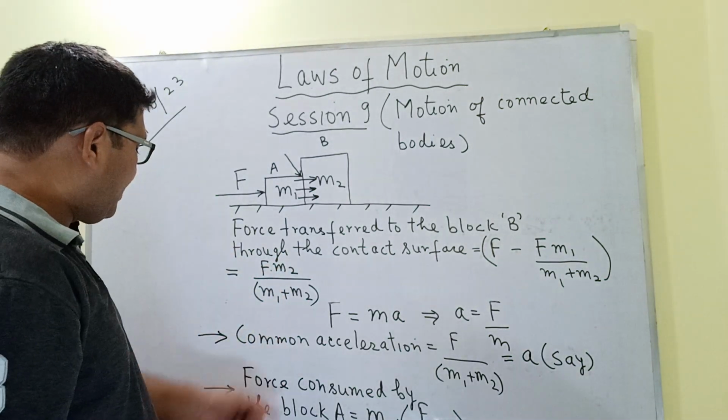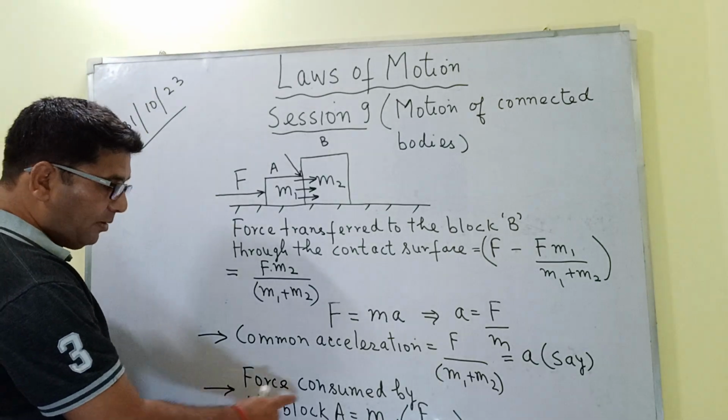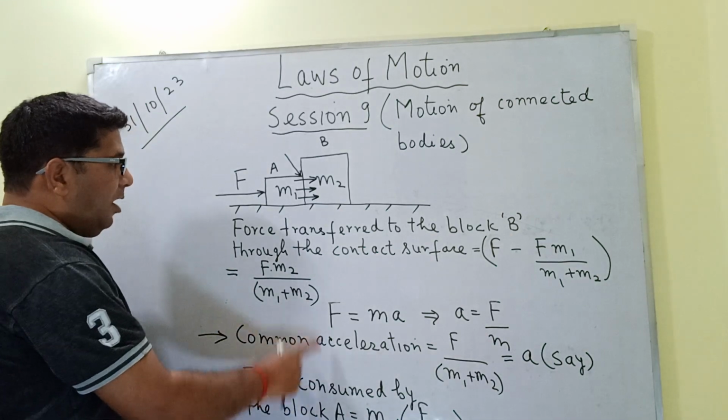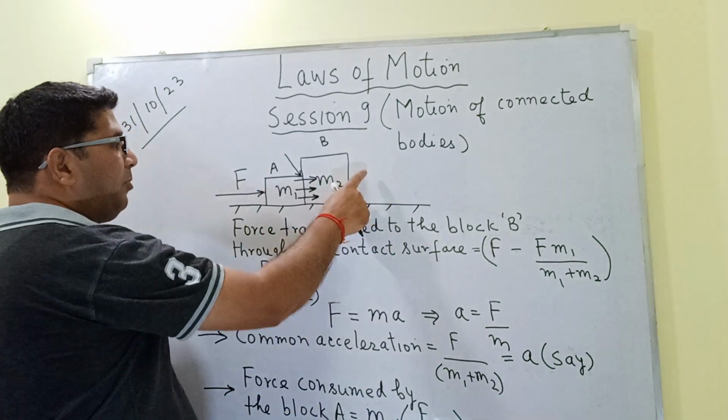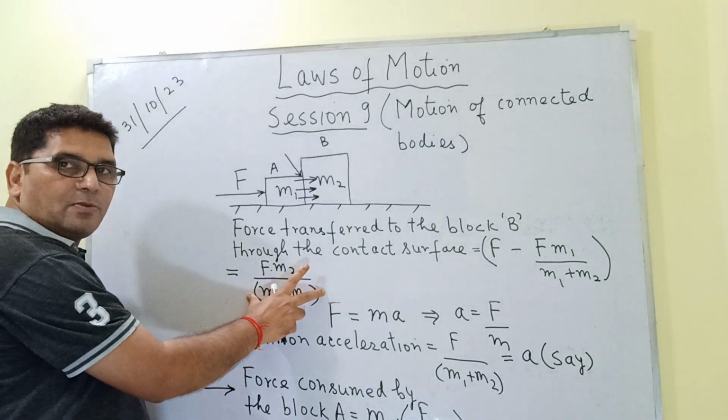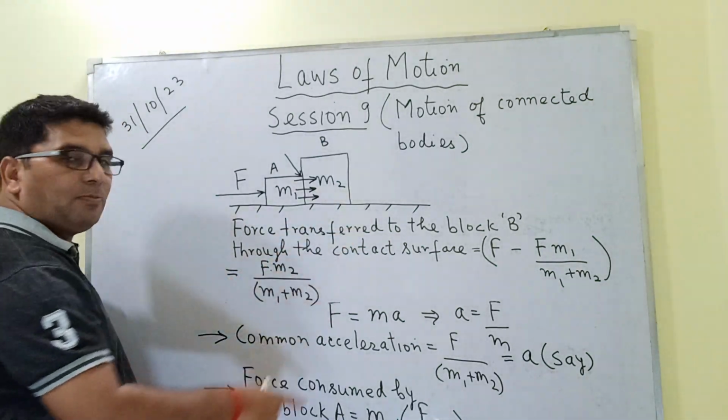Okay, so we have found the common acceleration. We have also calculated how much force will be consumed by the block A and how much force will be transferred to the block B. This is the amount of force which will be transferred to the block B.